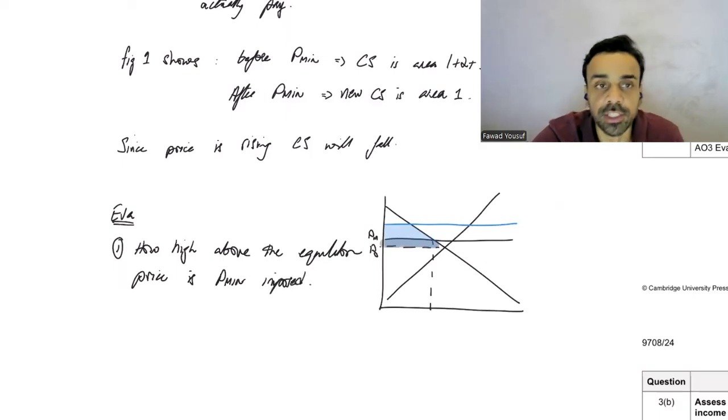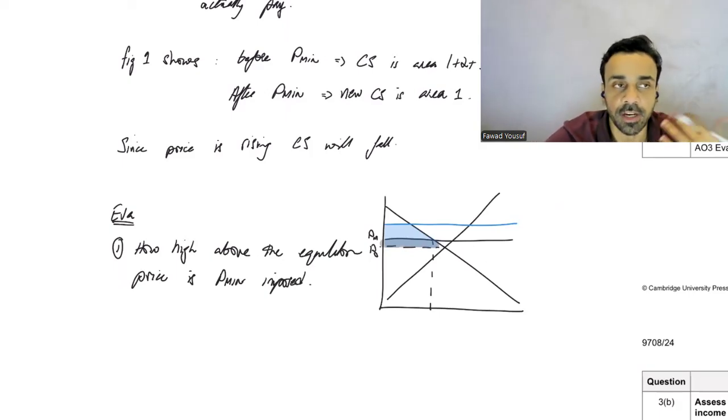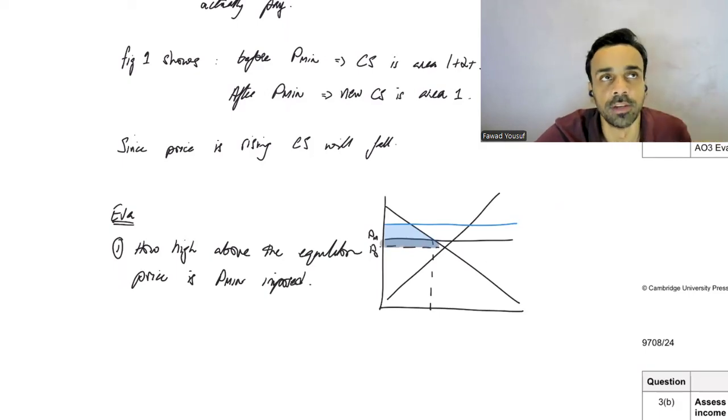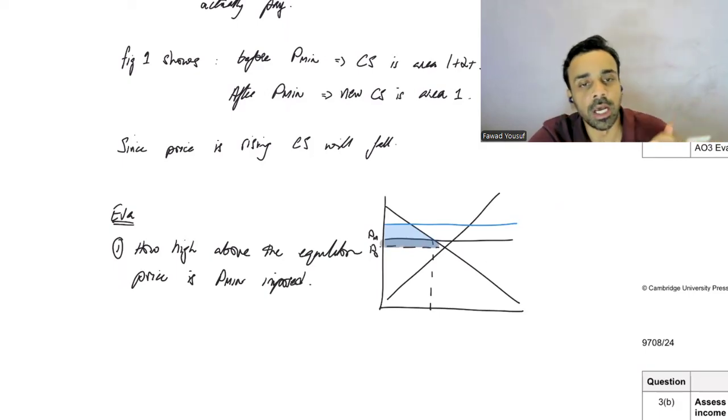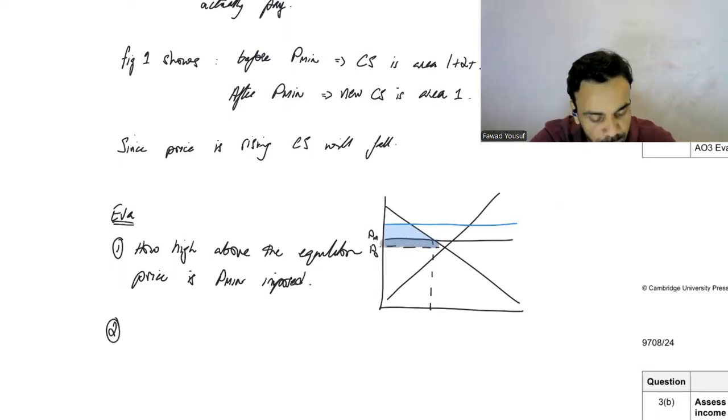So the higher it is, the more effect it's going to have on the consumer surplus. It's going to reduce the consumer surplus. Vague हो जाता अगर if I had said कि that's how big effect it would have. तो जितना हाई ऊपर लगाएंगे उतना ज्यादा बड़ा फॉल आएगा. जितना थोड़ा सा ऊपर लगाएंगे उतना कम इम्पैक्ट आएगा. That's one discussion that could have been made.